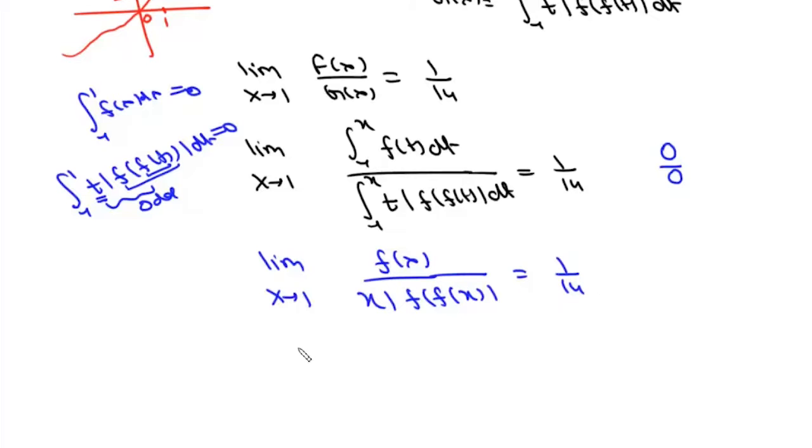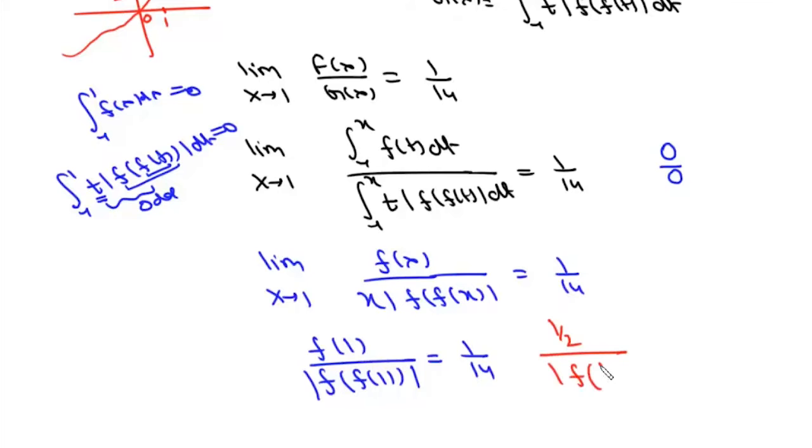Now if we put x as 1, we write this as f of 1 upon mod of f of f of 1, that is equal to 1 by 14. Now in the question it is given that value of f of 1 is 1 by 2. So it will be this 1 by 2 upon mod of f of 1 by 2 will be equal to 1 by 14, or mod of f of 1 by 2 is equal to 7.